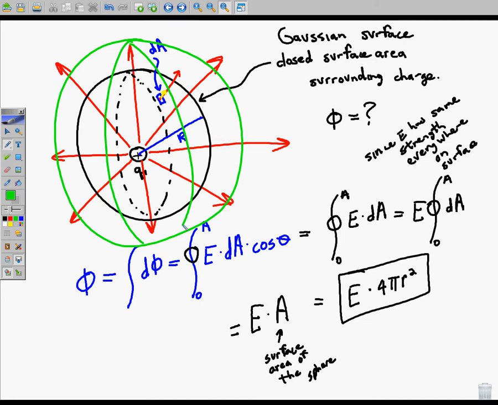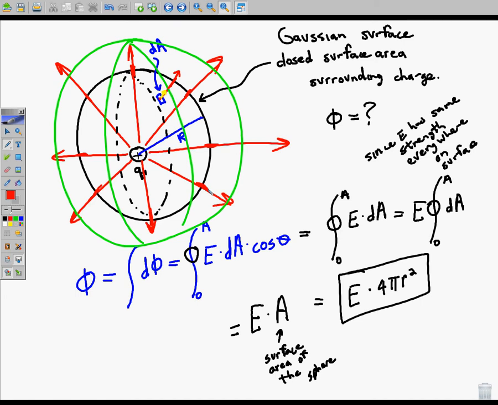Remember, flux is like the number of field lines, yes? Let's count. How many field lines are going through the first one? Do it in red. 1, 2, 3, 4, 5, 6, 7, 8, 9. 9, yes? All right.